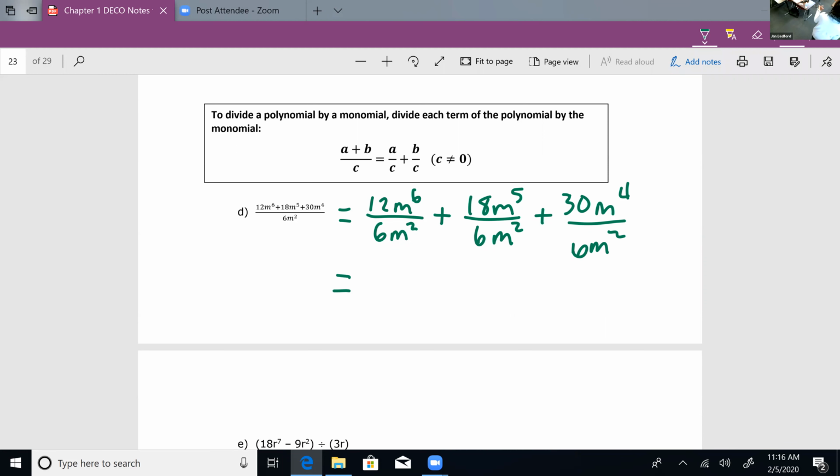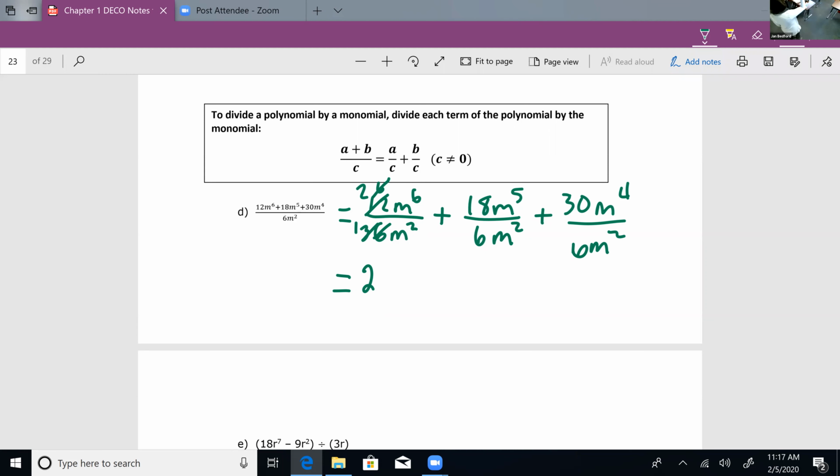Can I reduce those numbers? 12 over 6 could reduce down to 6 over 3, goes even further, it becomes what? Because you said if I divide 2 into each of these, that's 6 over 3, and then that reduces down to, well, 3 goes into 6 how many times? 2 times, goes into 3 1 time. So I just have the number 2 over 1 when I reduce down the number part.